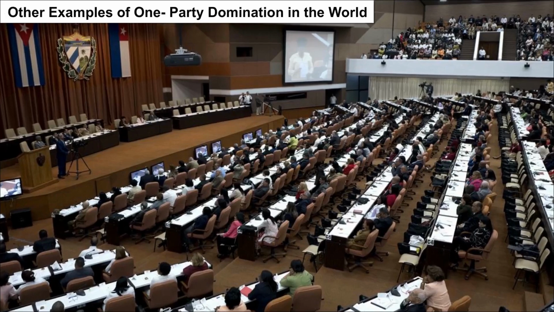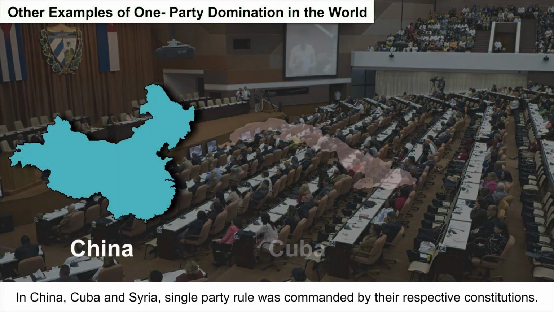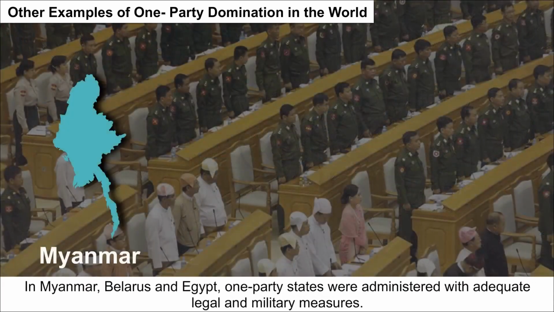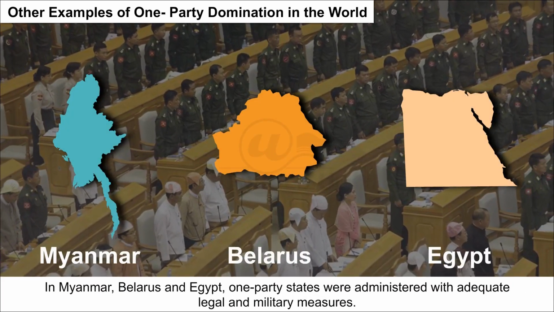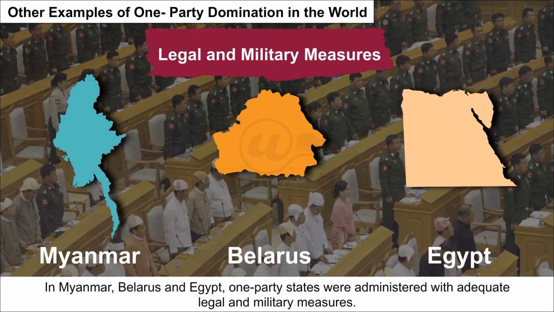Other examples of one-party domination in the world. In China, Cuba and Syria, single-party rule was commanded by their respective constitutions. In Myanmar, Belarus and Egypt, one-party states were administered with adequate legal and military measures.